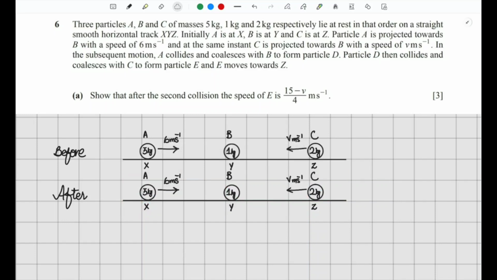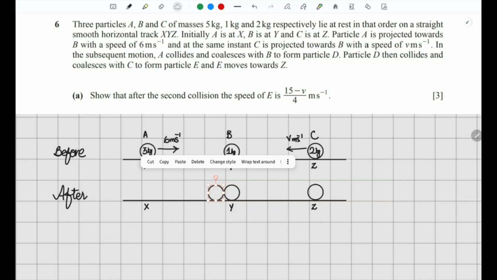So A and B coalesce. So what will happen? This ball is going to be now here.